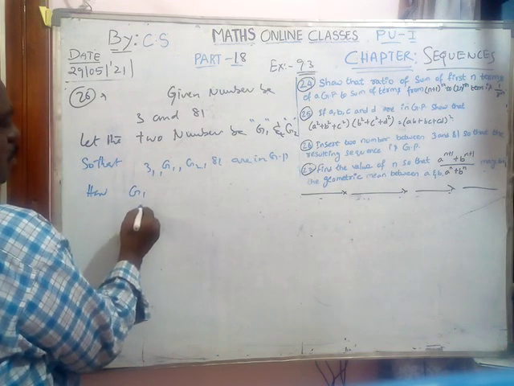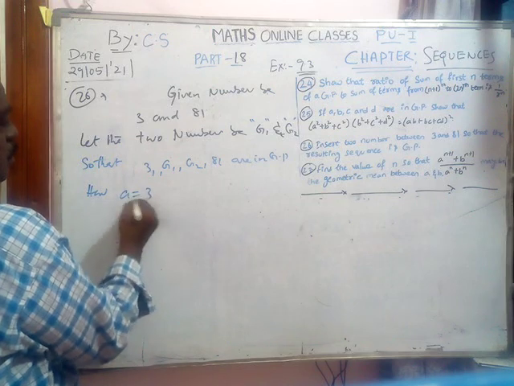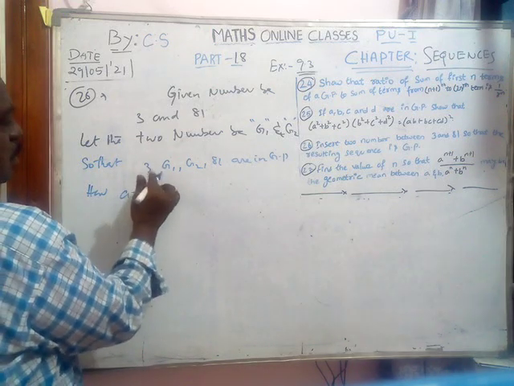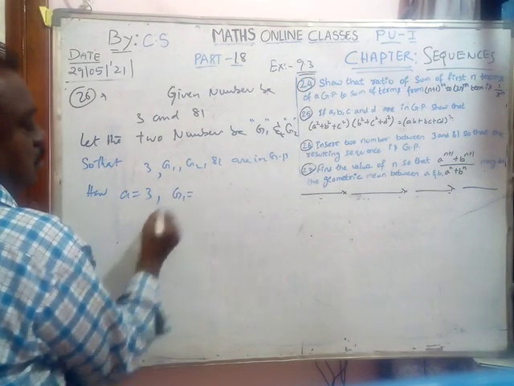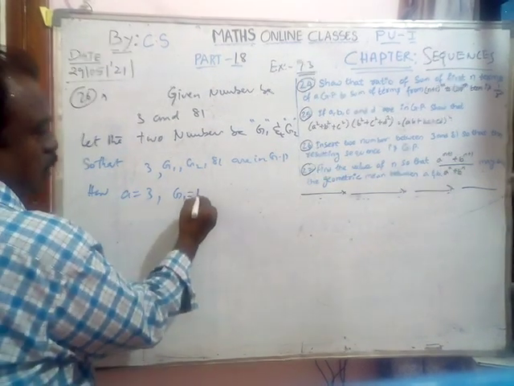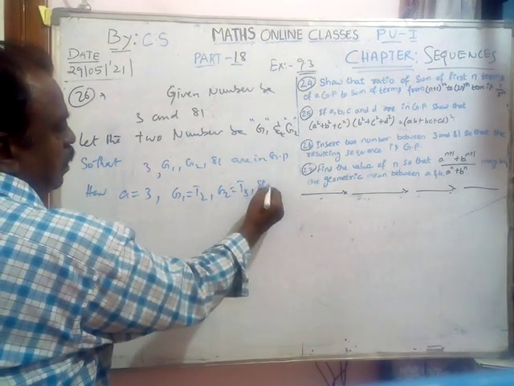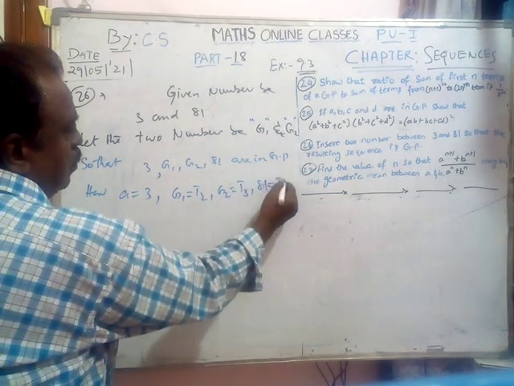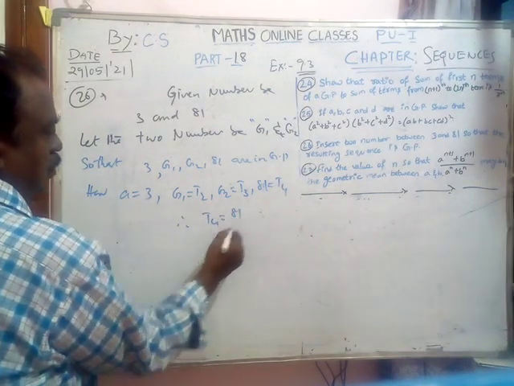Here, G1 is equal to... first I will write it. A is 3, the first number. A is 3. And G1 is equal to T2, G2 is equal to T3, 81 is equal to T4. Therefore, T4 is equal to 81.